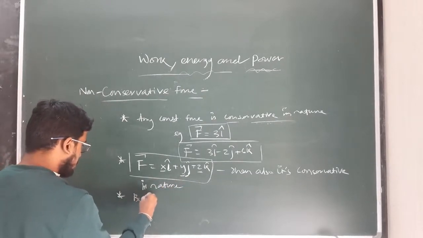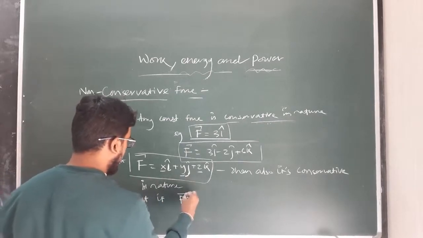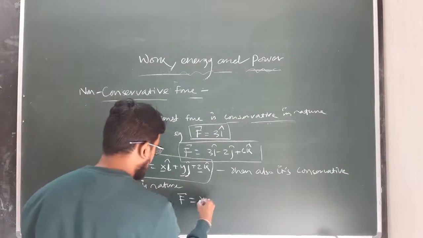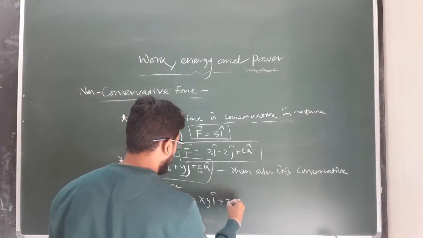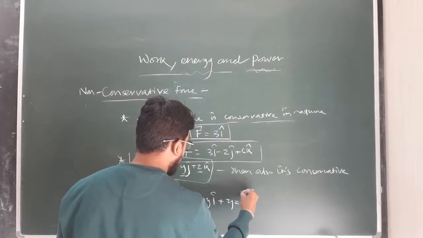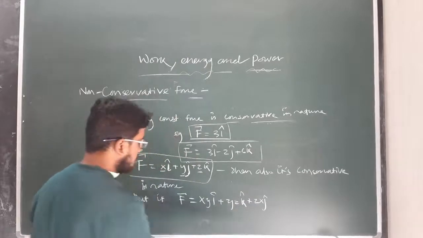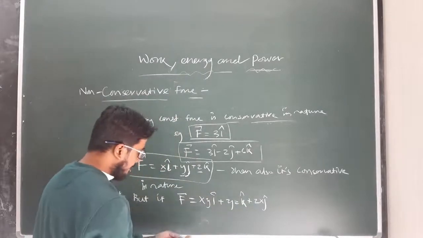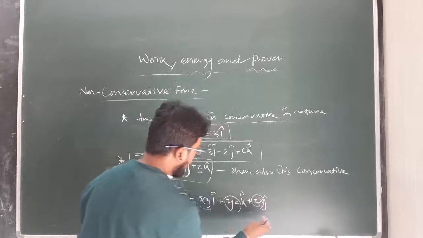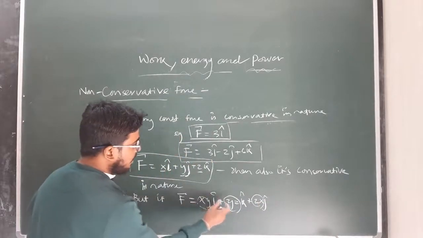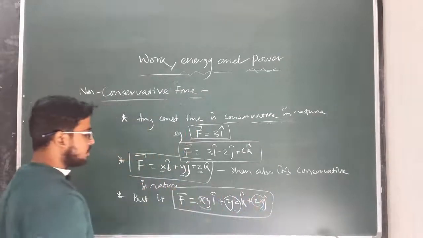But if F is given as xy i cap plus yz k cap plus zx j cap, that means the components of i, k and j are a combination of x, y and z. Then how to check whether the force is conservative or not?